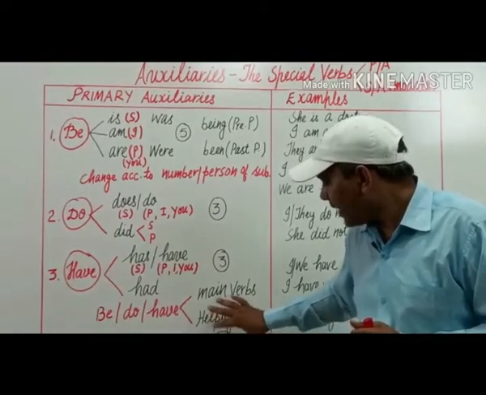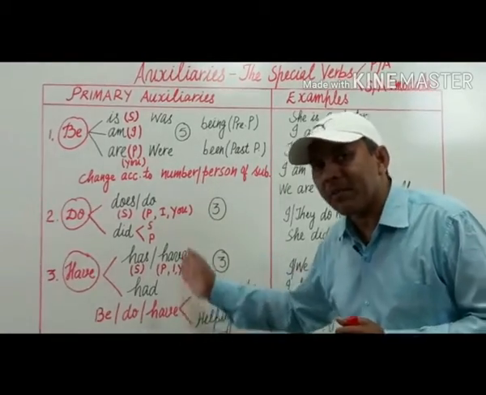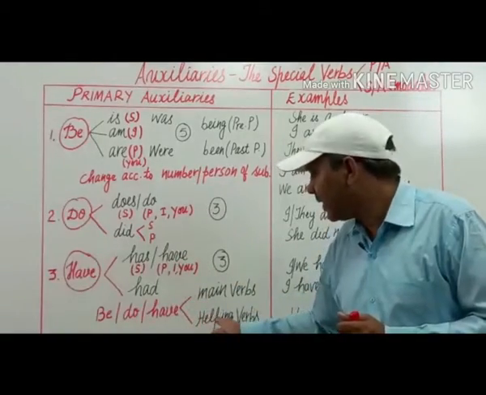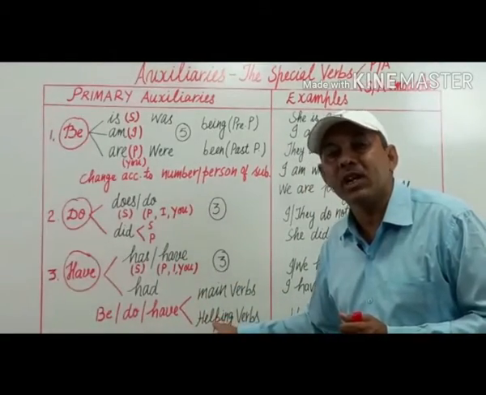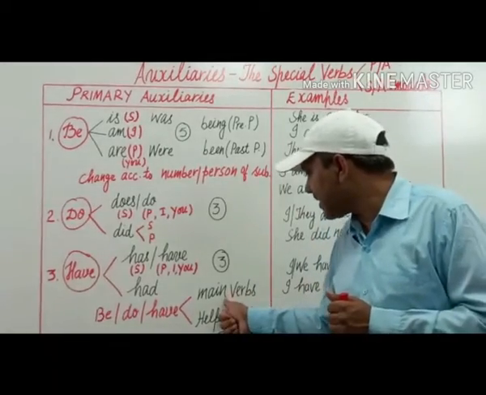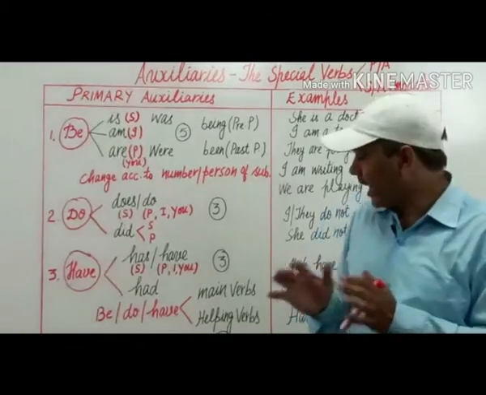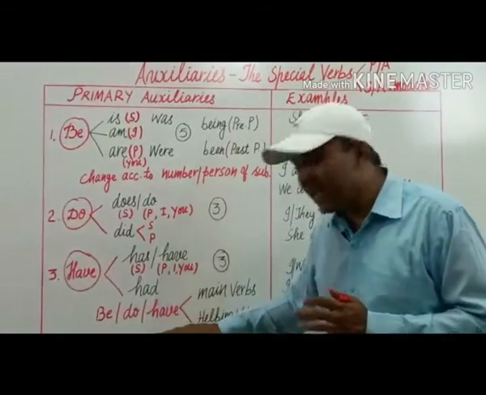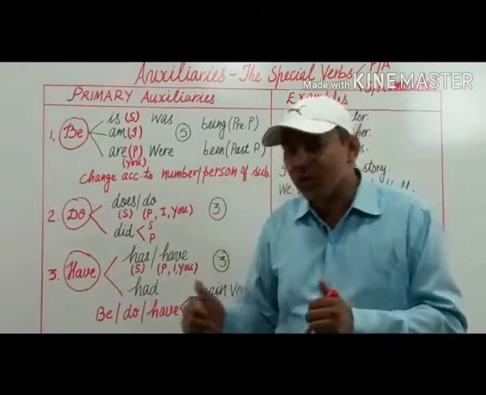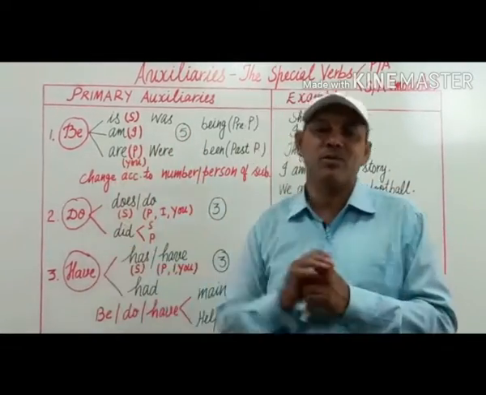In case when they are used as helping verbs, they are placed before a main verb to help the main verb in the sentence. But in some sentences, they act as main verbs. Now, let us discuss the different types and forms of primary auxiliaries be, do, have.